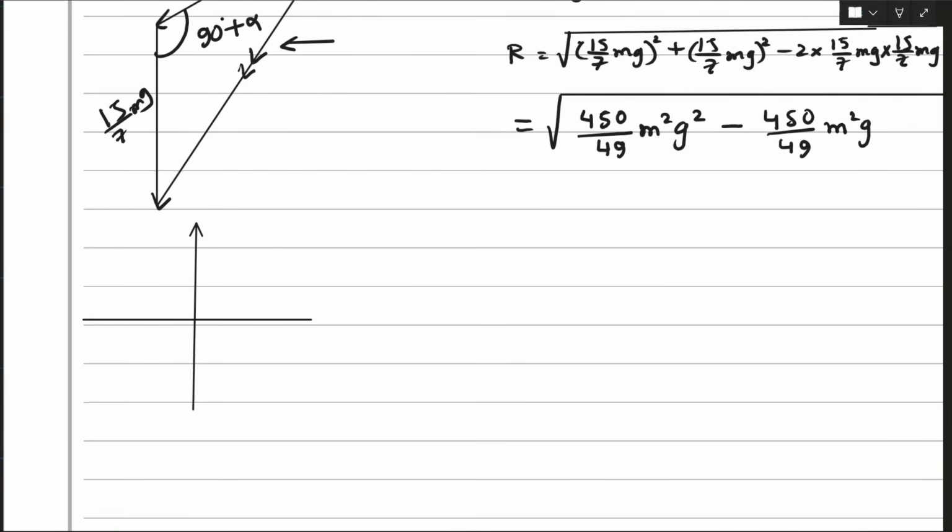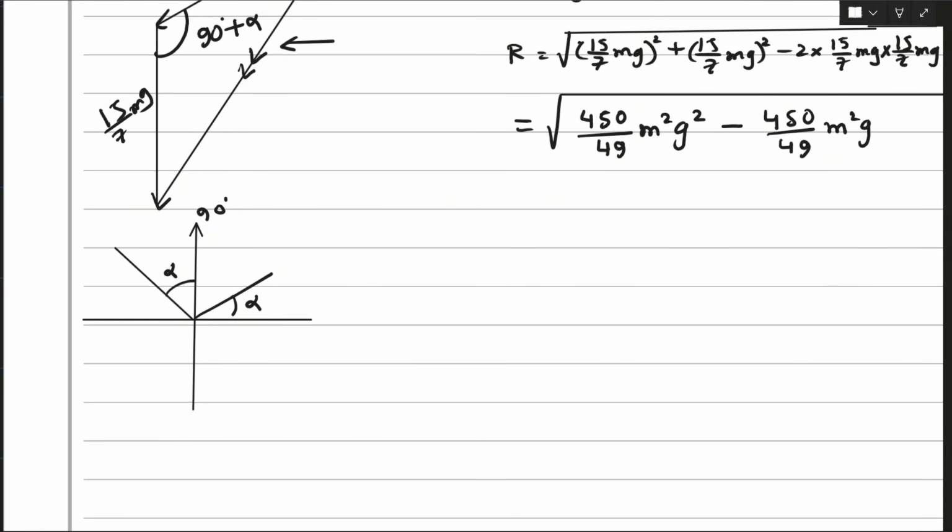if alpha is an acute angle, let's say alpha is an acute angle, so 90 plus alpha would be here in the second quadrant. 90 plus alpha is a second quadrant value.